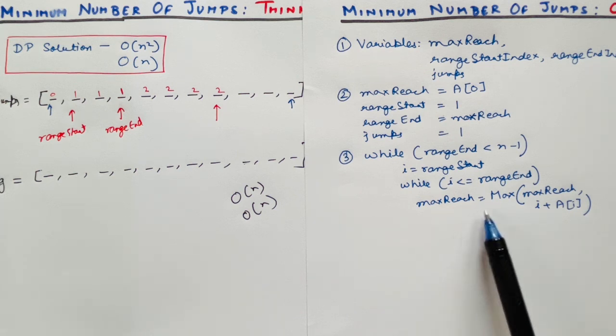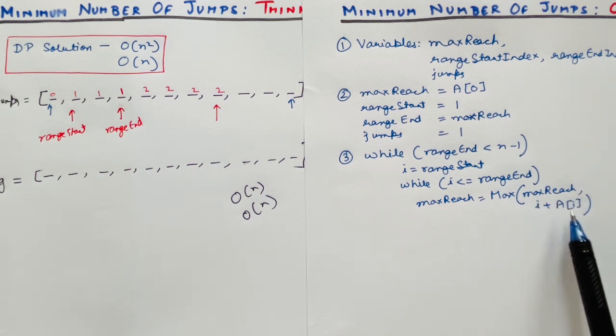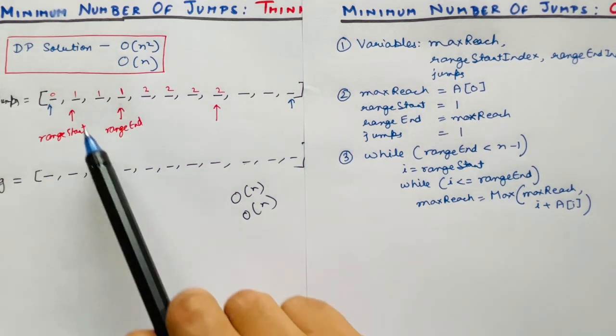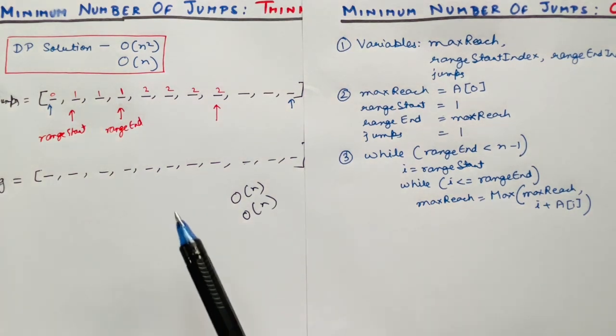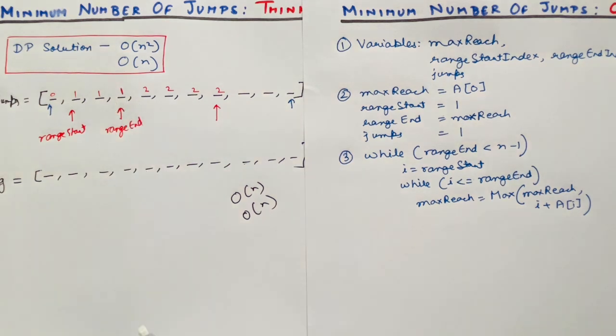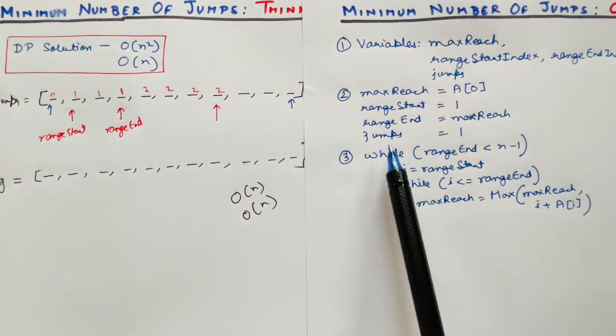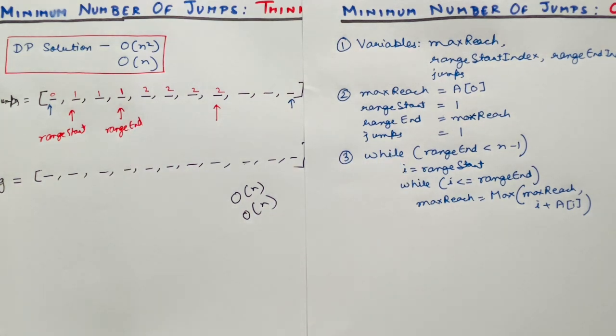It is simply the maximum of the existing value in max reach or I plus AI, because this denotes the maximum that we can reach from index I. There is nothing more that we have to do at any of these middle indices. What we have to do extra is at this range end index, where we will again have to update the range and we will also have to update jumps.